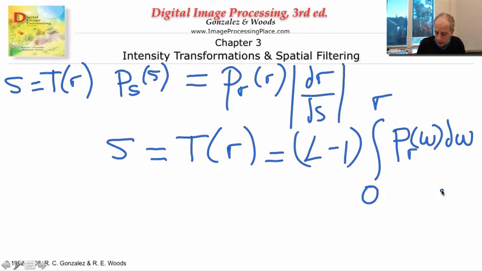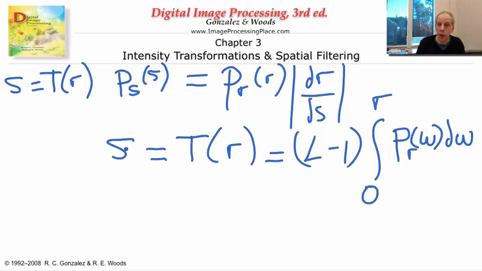So let's look again at the transform. If we are in a discrete space, if you want to know to which pixel value you should transform the value R equals 7, you count how many pixels are at 0, how many at 1, at 2, and 3, and so on until 7, and that gives you the transform.